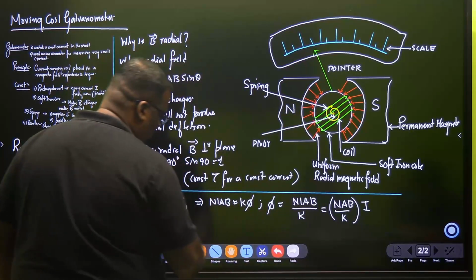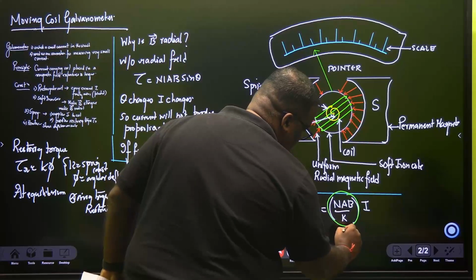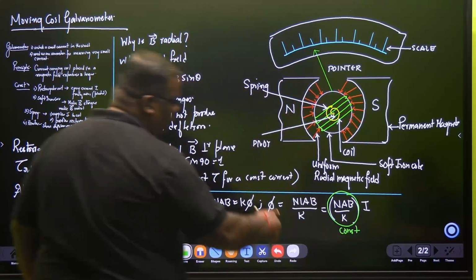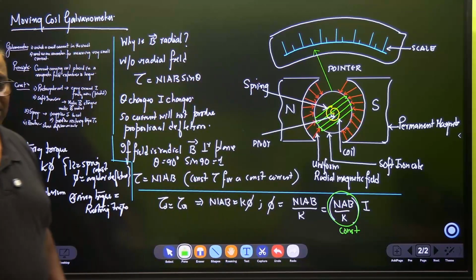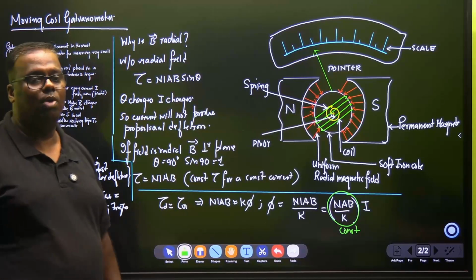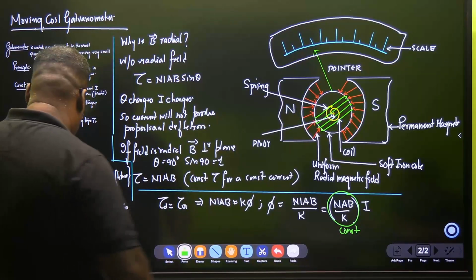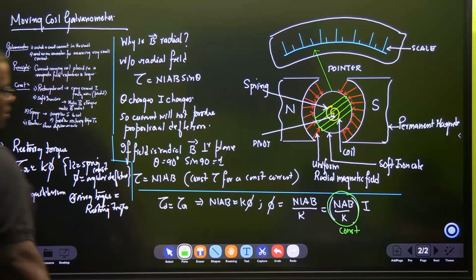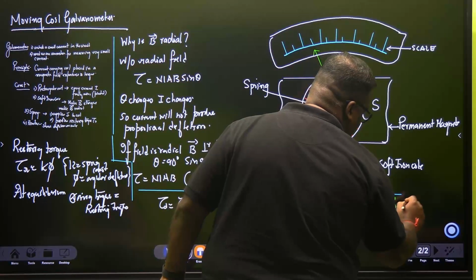If you see this quantity, children, this whole quantity is constant. So you're getting deflection as a constant scalar multiple of I. That means deflection is directly proportional to I. Your machine is doing its job. So from here we can say phi varies with I.